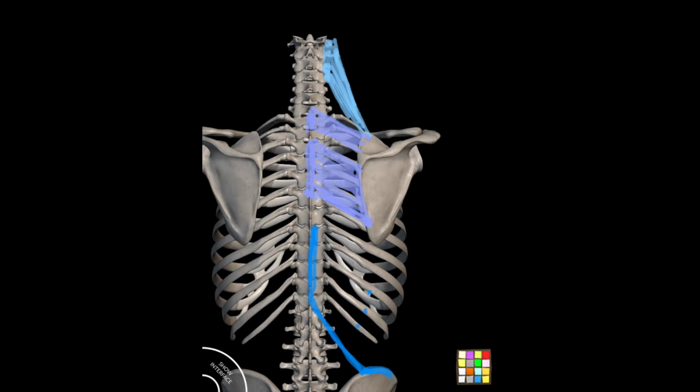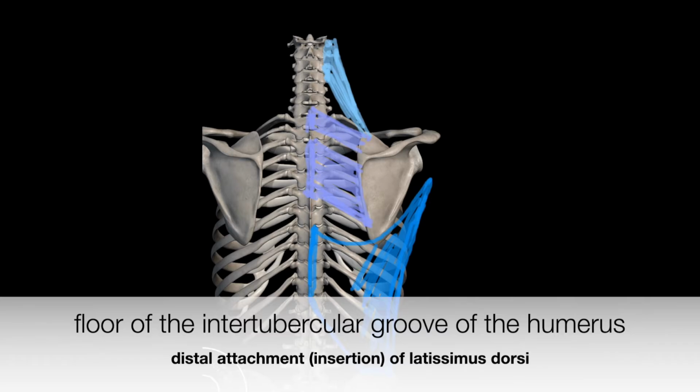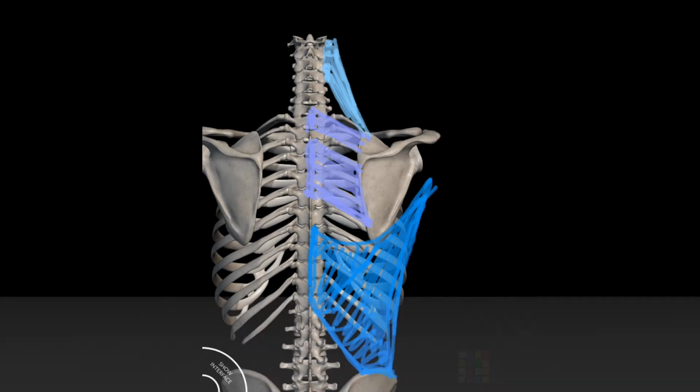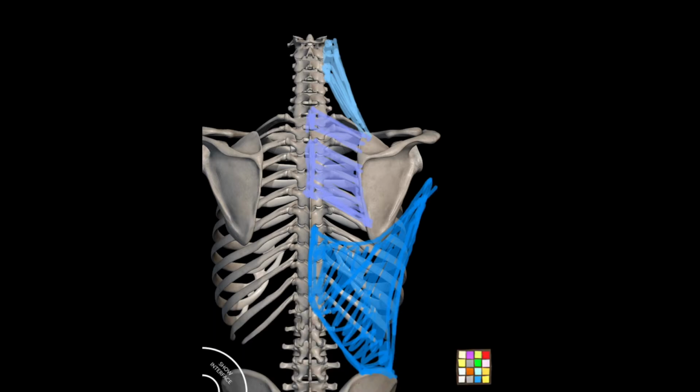From this proximal attachment, the muscle sweeps up towards the upper limb and attaches to the floor of the intertubercular groove of the humerus. So by attaching here, the latissimus dorsi becomes a very powerful mover of the arm. Its primary function is not stabilization, but more to provide strong and wide-ranging movement.